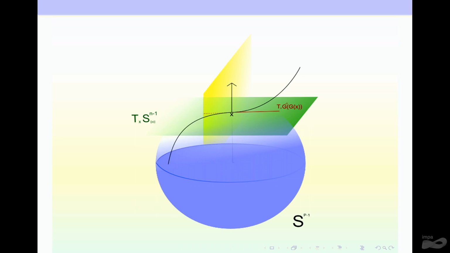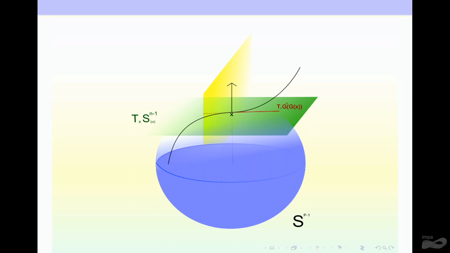And this red line here is supposed to be the tangent space in a regular point. We suppose that we start with a regular point. Okay, so this is the tangent plane of such a curve, the tangent line, if you want.